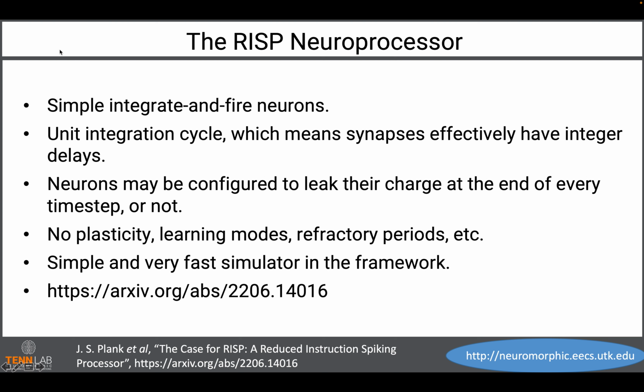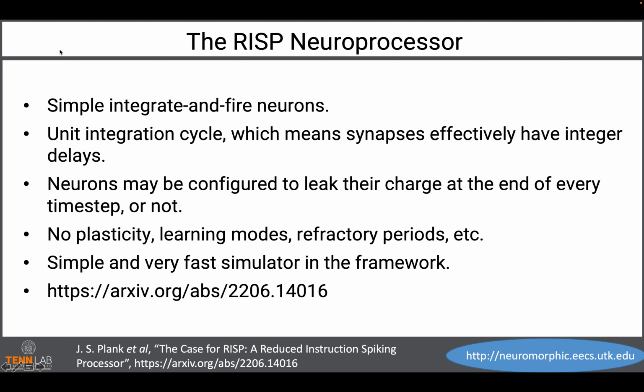And so that unit integration, what it really means is that synapses have effectively integer delays, because if a synapse fires in the middle of a cycle, it doesn't matter because the comparison doesn't happen until the end of the cycle. There is one parameter, which is: should neurons leak or not? And if leak is set, they leak their entire charge at the end of every time cycle.